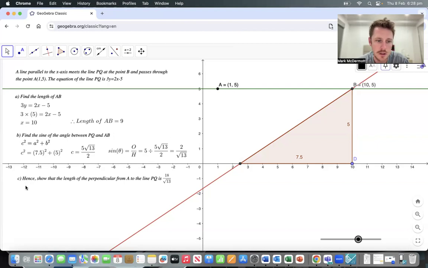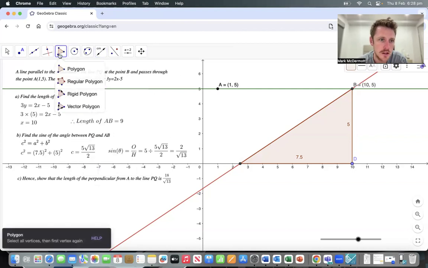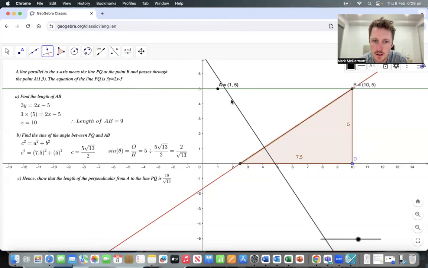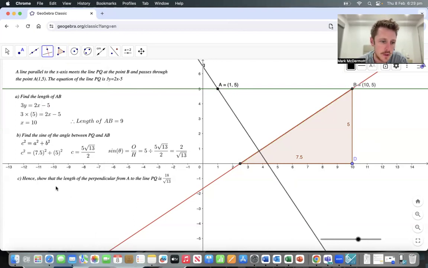Okay, the last question says, hence, show that the length of the perpendicular from A to the line PQ is 18 on root 13. So there's a line that's perpendicular to PQ from A. Let's put that line in. If I go perpendicular line and click on this, it goes through A there. We need to show that the length of the perpendicular line from A to the line PQ is 18 on root 13.